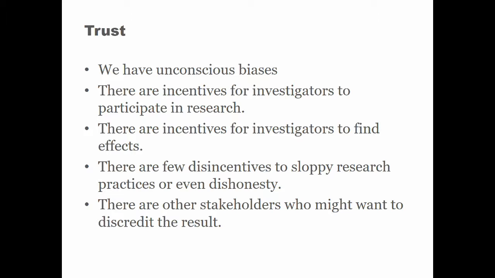And unfortunately, there are very few disincentives to either sloppy research, which I think is not uncommon, or even dishonesty, which I assume is pretty rare. Even when people get caught out for sloppy research practices, there aren't really severe penalties for that, right? So what I'm getting at is that there's a recipe for people and their unconscious biases to sometimes do the wrong thing.